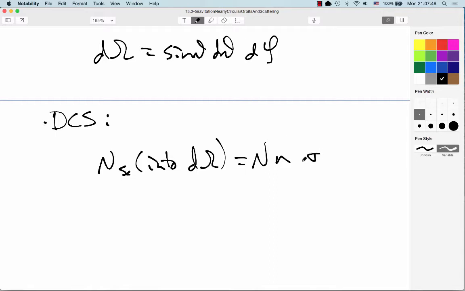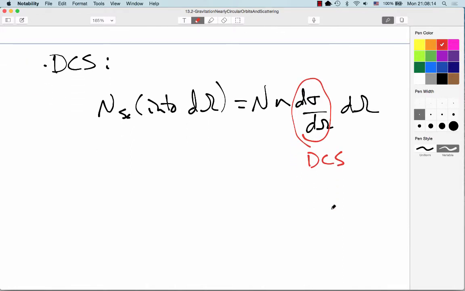I can chain rule this, d sigma d omega. Now I can look at this and say, hey, this d sigma d omega, that's my differential cross-section, DCS.